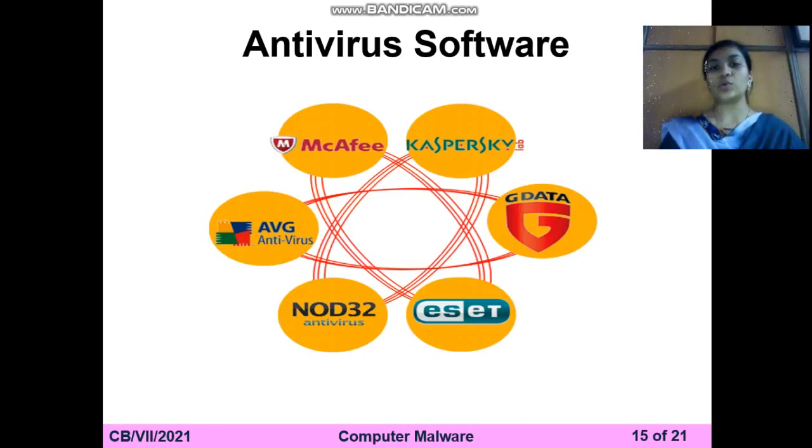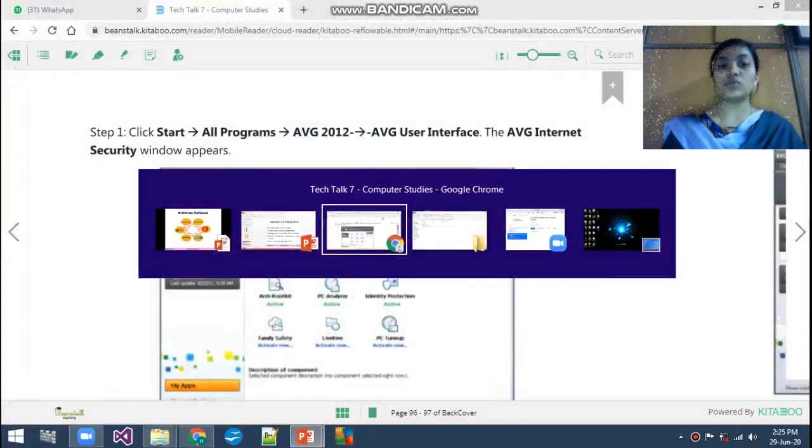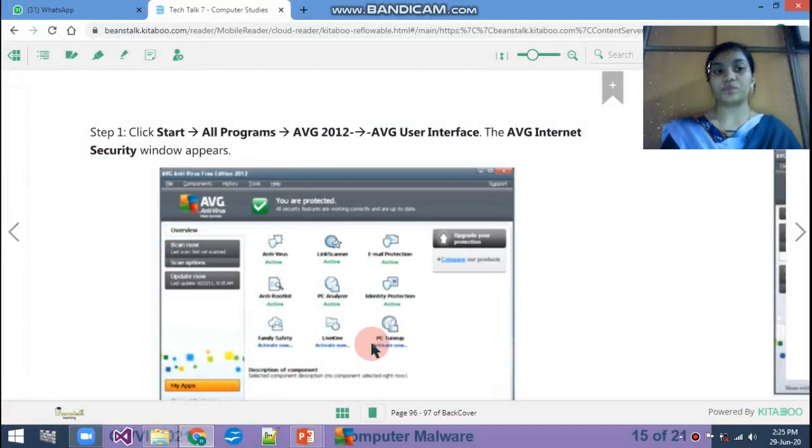I want to show you the AVG example. Actually I have AVG, but due to some reason I cannot start my application. That's why I will show you some photos and the steps for how to start the AVG program.